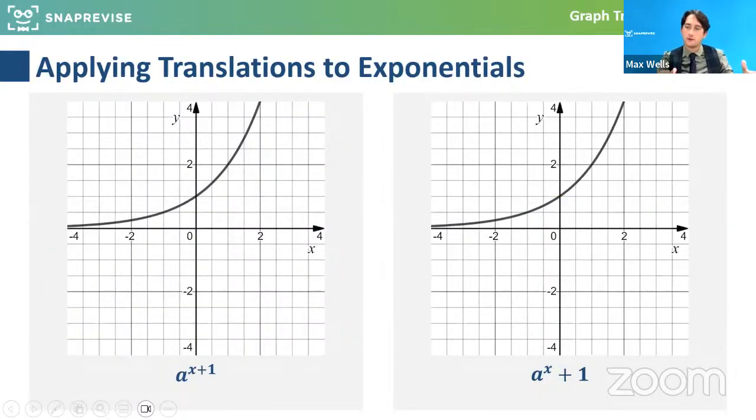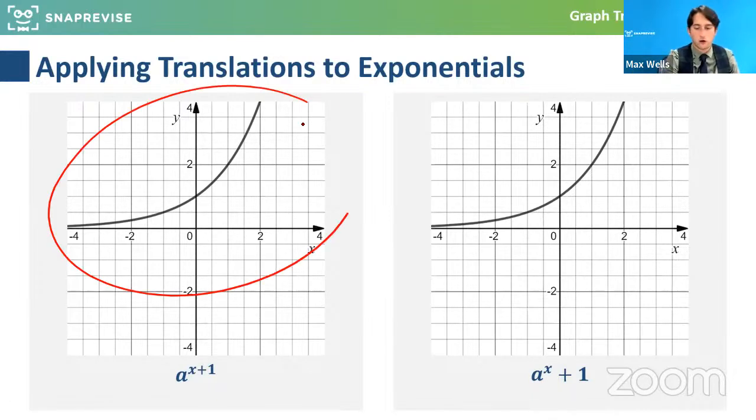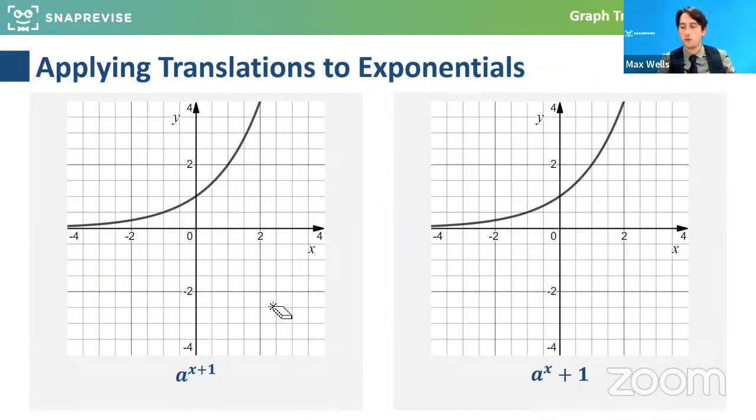We're going to try and apply those skills of graph transformations to this situation. So again, I've given you the graph of a to the x. And we now want to sketch a to the x plus 1. So the plus 1 is in the sort of exponential bit. So hopefully we're happy that this is effectively this kind of transformation.